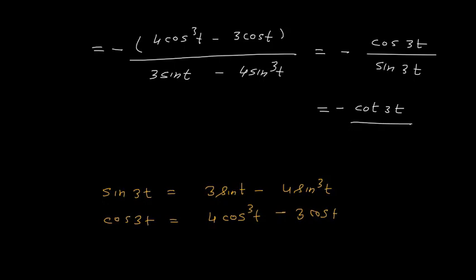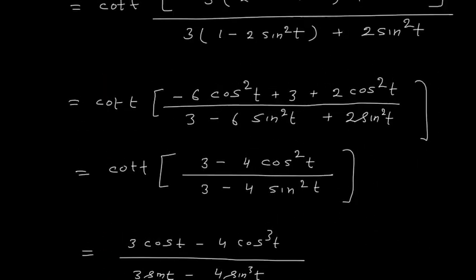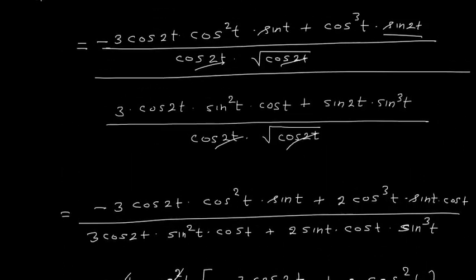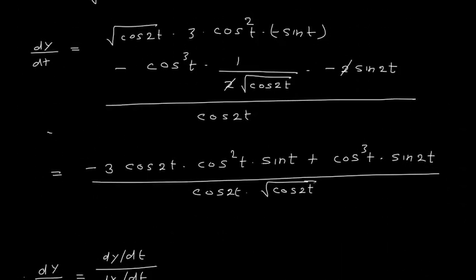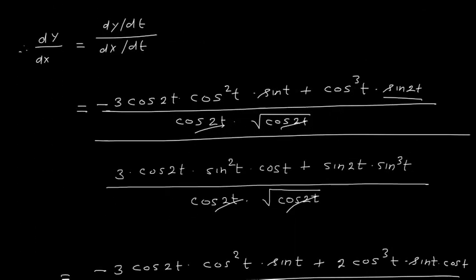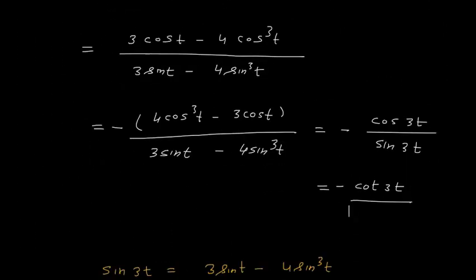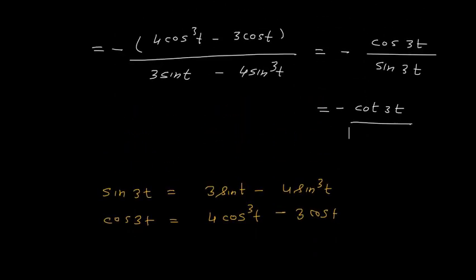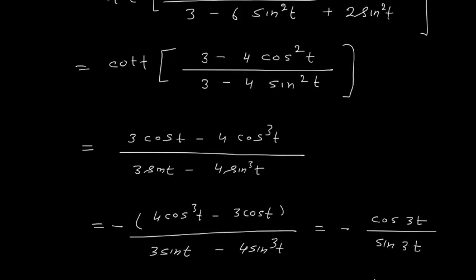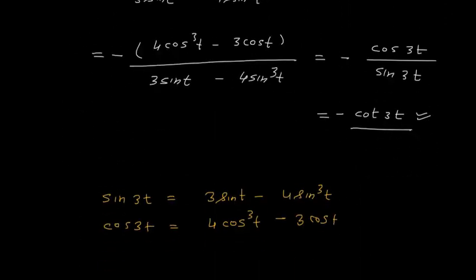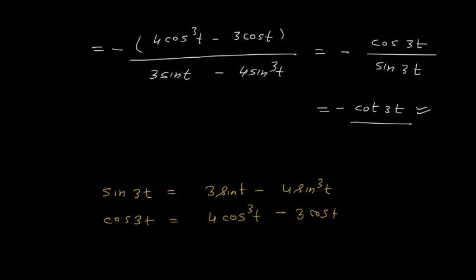In the last lecture we were doing the same problem using logarithm, but there we got stuck simplifying it. But here we are able to simplify it, and we got the answer as minus cot 3t. So I recommend that you also try the same method, try to find this derivative like this, or try to simplify it there and get the answer as cot 3t.